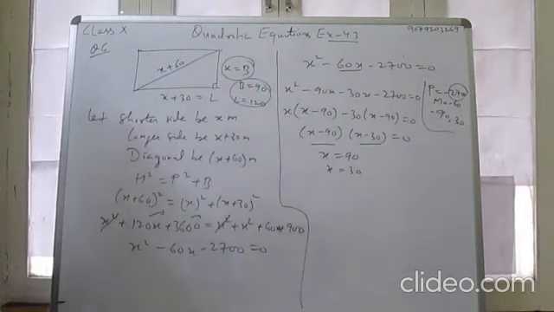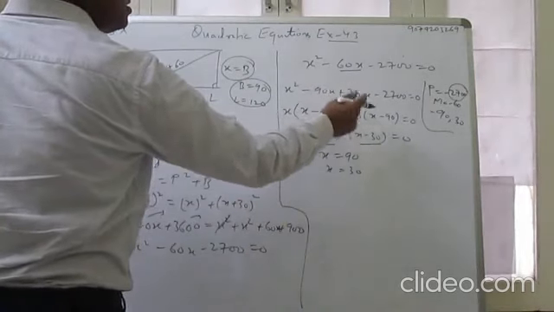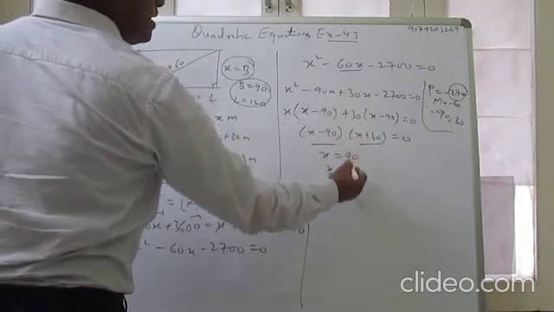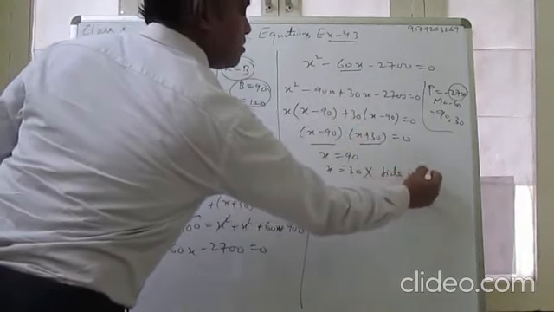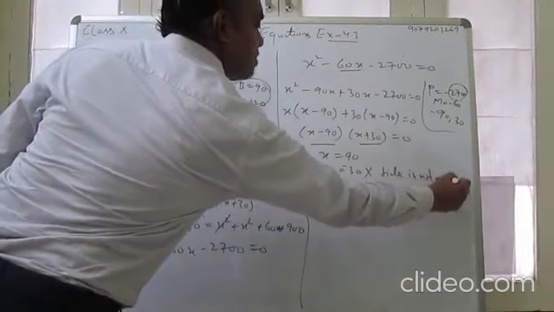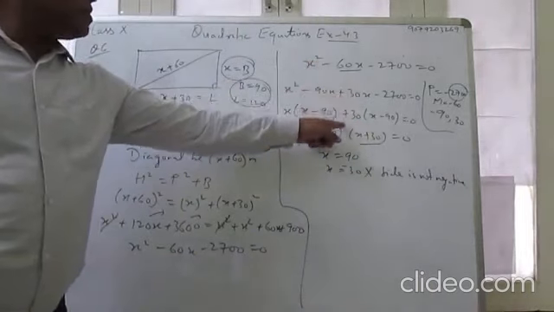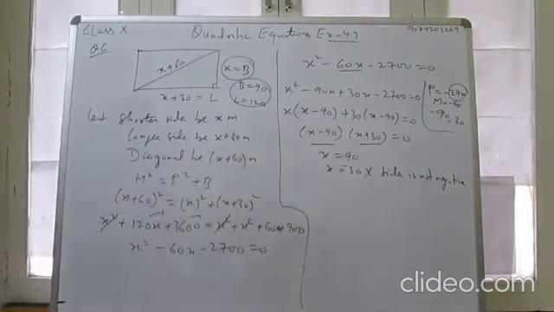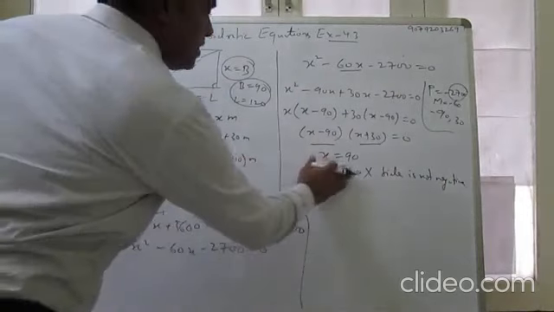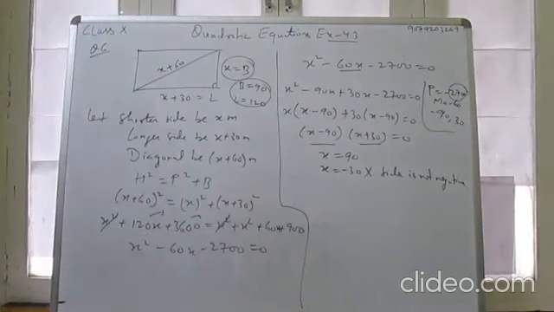It is plus, so make this correction. Side is not negative. It is x is equal to minus 30, but a side cannot be negative.